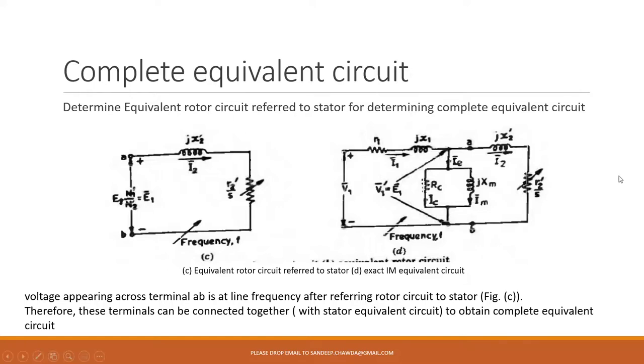It means whatever voltage you get here will be at the supply frequency, or stator side frequency. Do not get confused. We have already referred all the rotor circuit parameters to the stator side. So now the complete equivalent circuit is at line frequency or stator frequency.